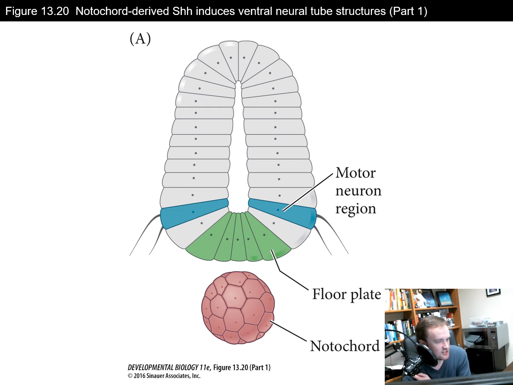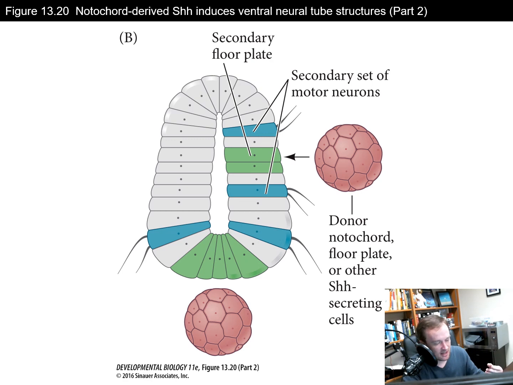So again, this is an interesting experiment. The notochord produces sonic hedgehog, which creates the floor plate, which then creates more sonic hedgehog, and you develop these motor neurons, etc., these different regions, V1, V2, etc., as we go more dorsally.